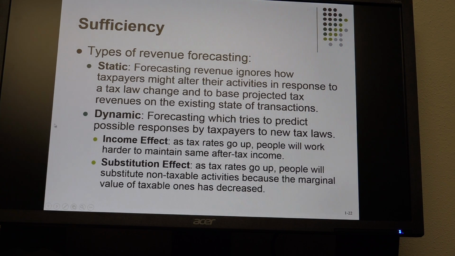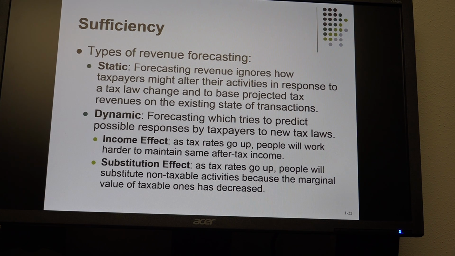So there's two types of revenue forecasting. There's static and there's dynamic. Static ignores how taxpayers might alter their activities in response to a tax law change. Dynamic, you take into consideration things like the income effect of new laws and the substitution effect.